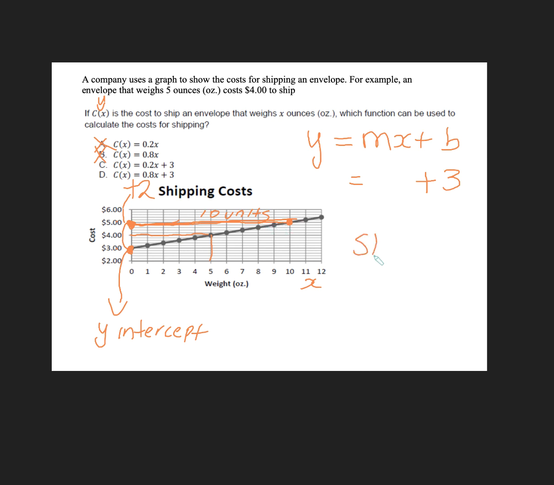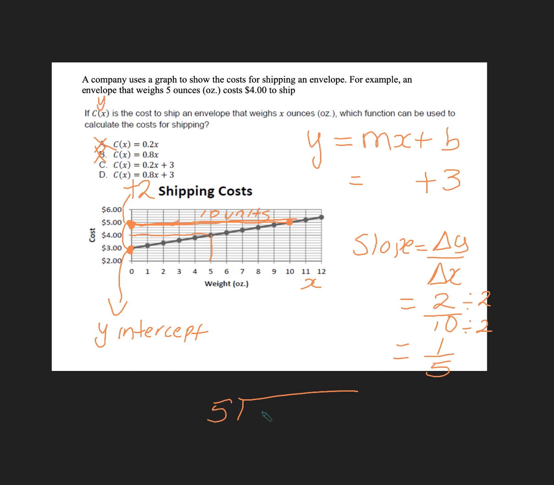So remember, slope is the change in y over the change in x. So my change in y was 2, and my change in x was 10. Now I have 2 over 10, which is a fraction. I'm going to reduce this. I'm going to divide both of them by 2, and I get 1 over 5. But they wrote their slope as a decimal, so I have to divide 1 over 5.